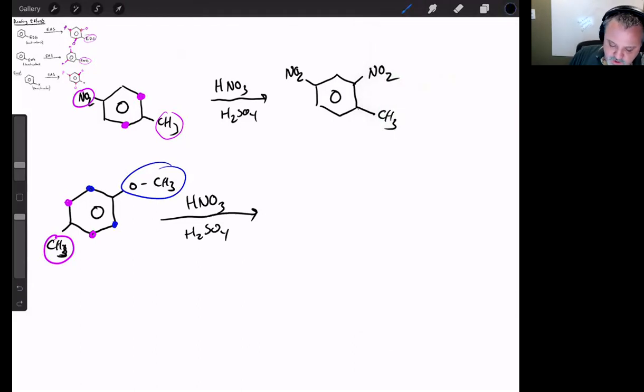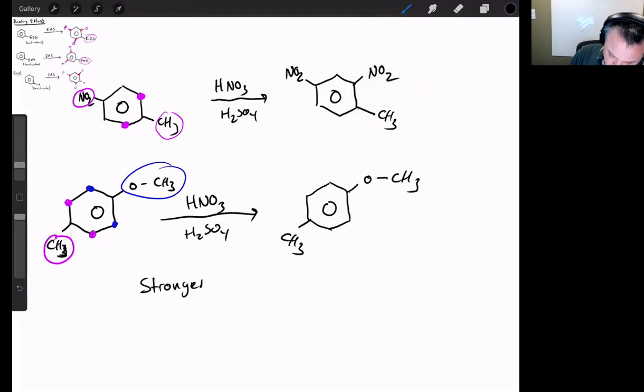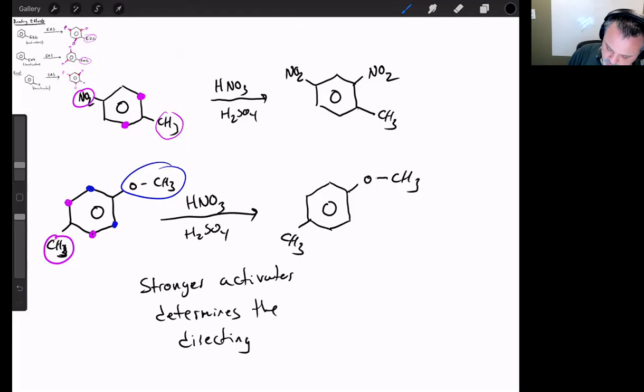How do we decide where it is going to be? Because the directing effects aren't in the same position. Well, in the cases where there's more than one directing effect, the stronger activator determines the directing effect.